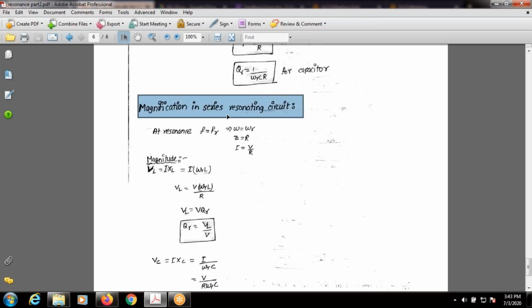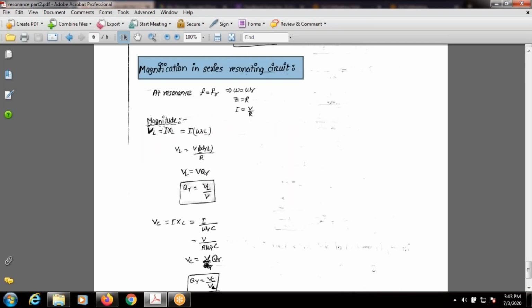It is one type of amplification, right? At the resonant frequency, omega is equal to omega R. The total impedance in the circuit is R, and I is equal to V by R. Now observe here. What is the voltage across the inductor?